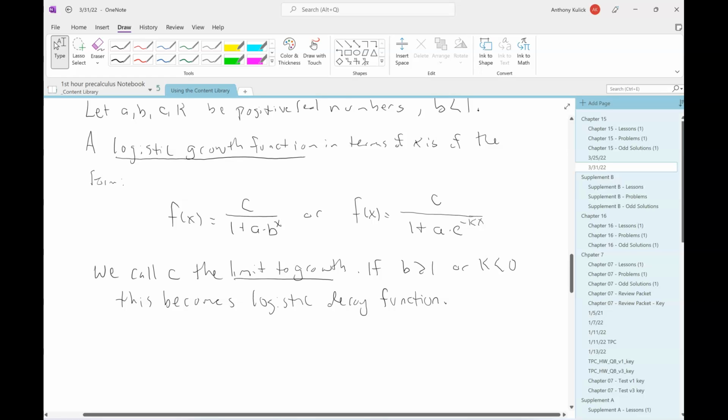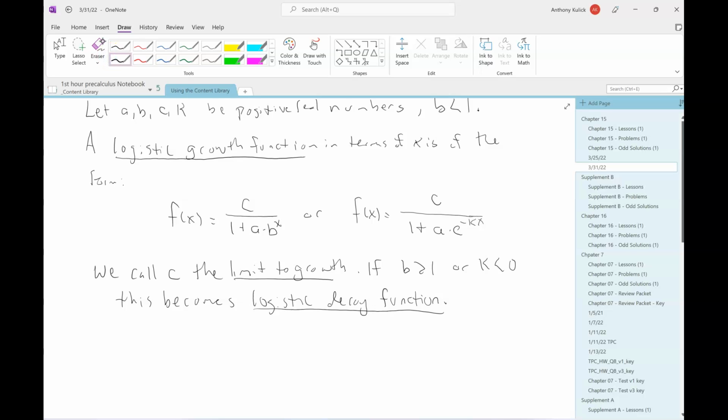We call that numerator c the limit to growth. And if the b was bigger than 1 or the k was negative, this just becomes a logistic decay function then. So we have both growth and decay.